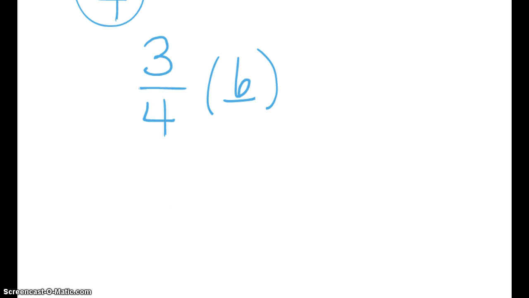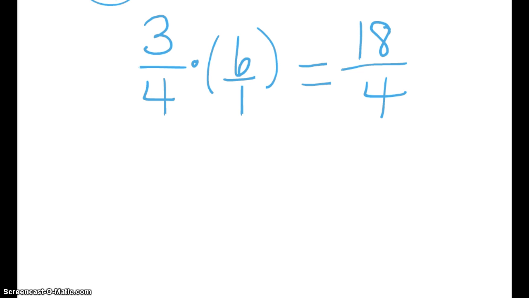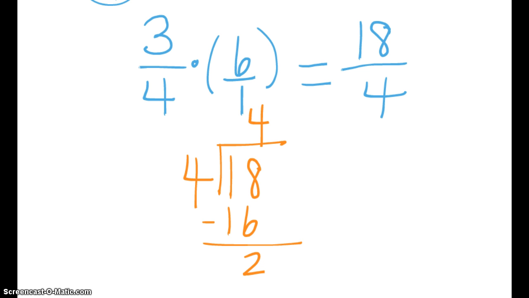Yes, so all I should have to do, I can either repeatedly add 3/4 6 times, or I can just say 3/4 times 6 over 1, and that is 18 over 4. Now I got 18 over 4, so now I have to say 18 divided by 4, and 4 goes into 18 4 times with 16 left over. So that's 4 wholes and 2/4, which simplifies to 4 1/2.